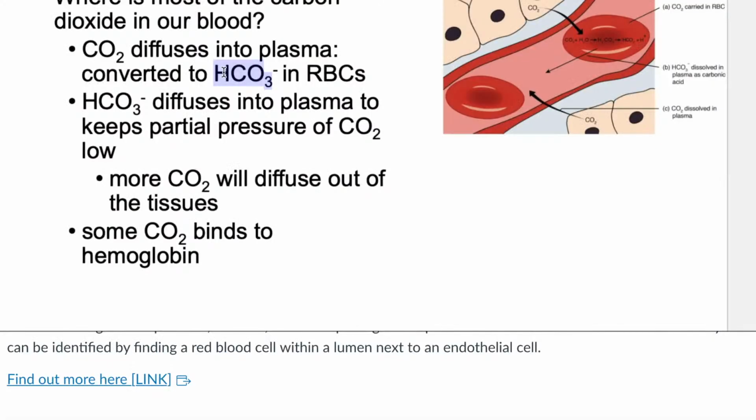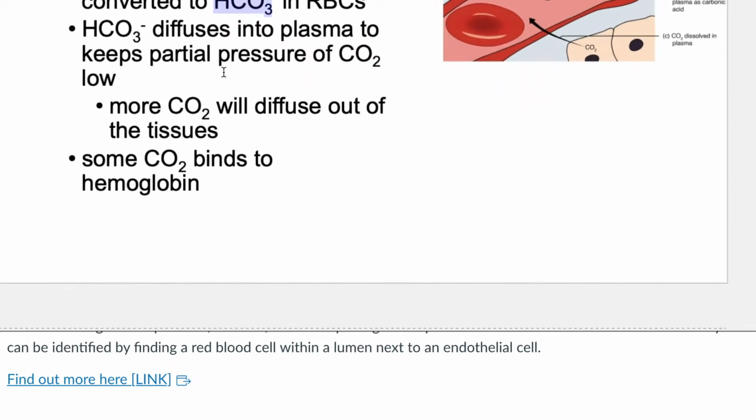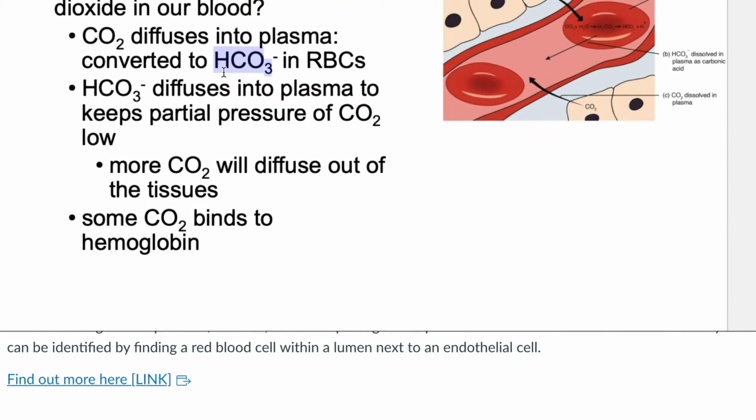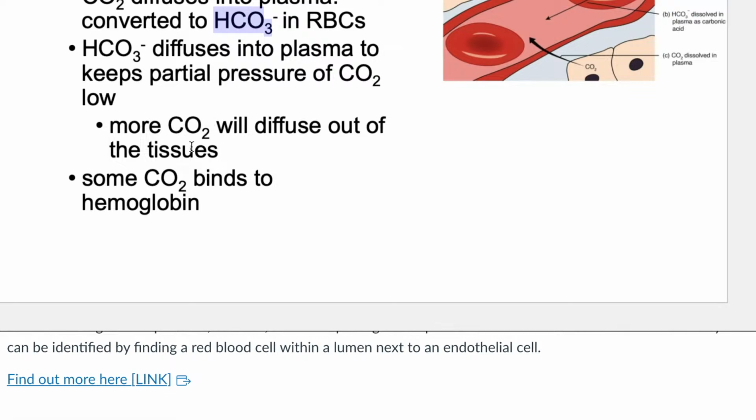Because we want the CO2 partial pressures to be low so that they can exchange gases well, we do this by changing CO2 to bicarbonate so that the partial pressures are unbothered by it. Since it's a different compound, it won't diffuse like CO2, even though it's a derivative of CO2. So bicarbonate diffuses into plasma to keep partial pressures low, to make sure that more CO2 will diffuse out of the tissues.